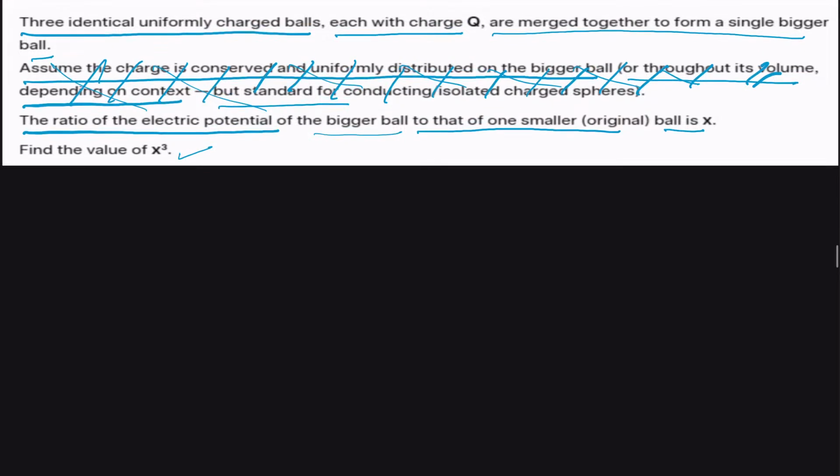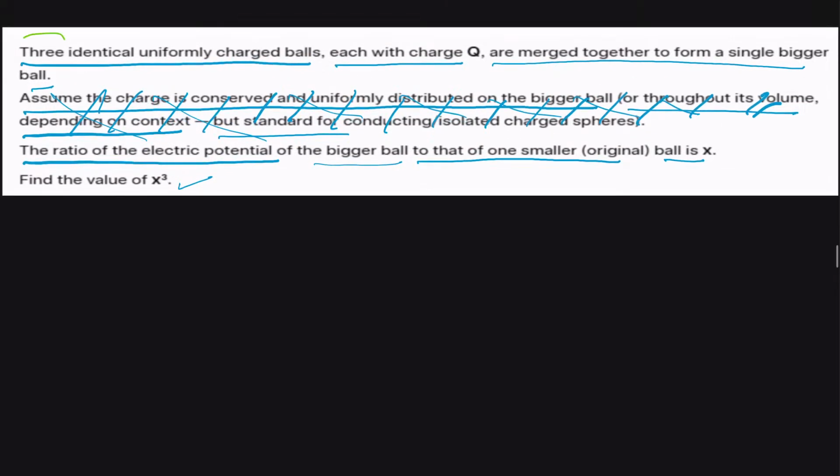So we are given that there are 3 identical balls. So this is our charge conservation.